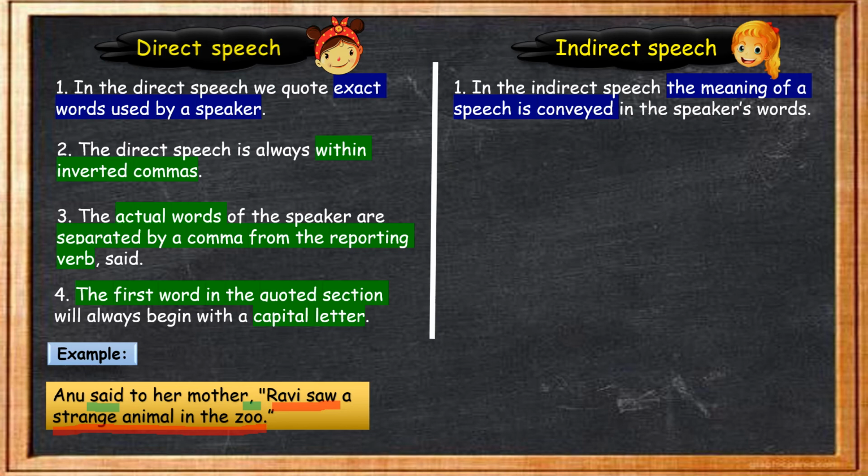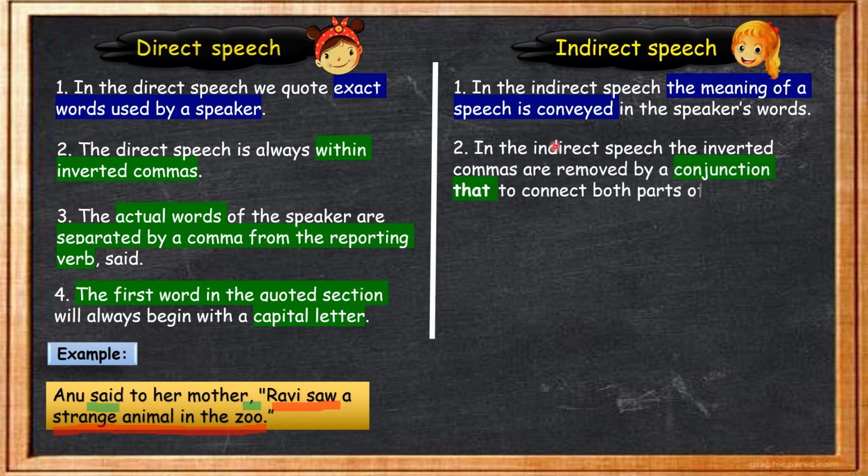Now, come to indirect speech. In indirect speech, the inverted commas are removed and the conjunction that is used to connect both parts of the sentence.